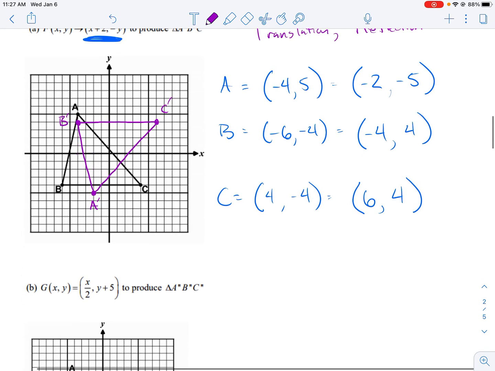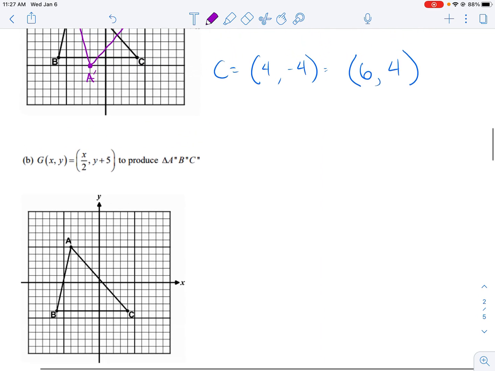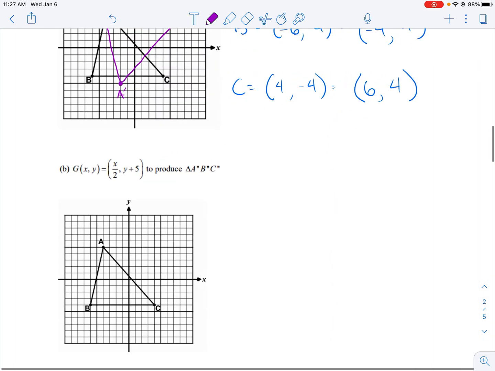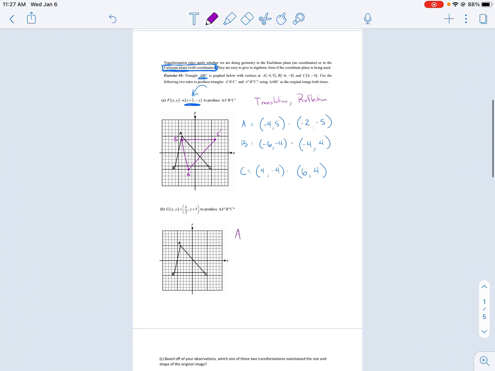So anyway, let's take a look at letter B. We have to make sure we have those same points, so let me zoom out for a second. A is (-4, 5). B is (-6, -4). And C is (4, -4).